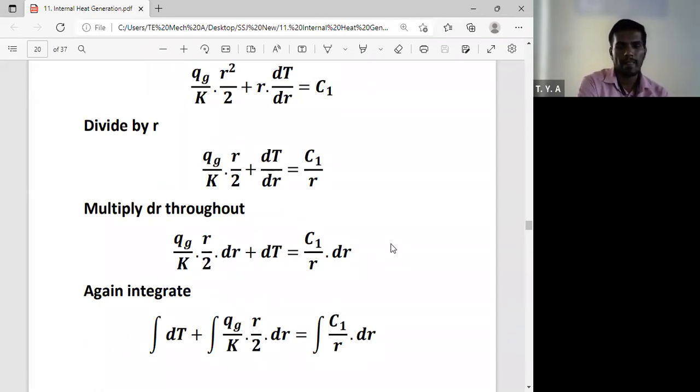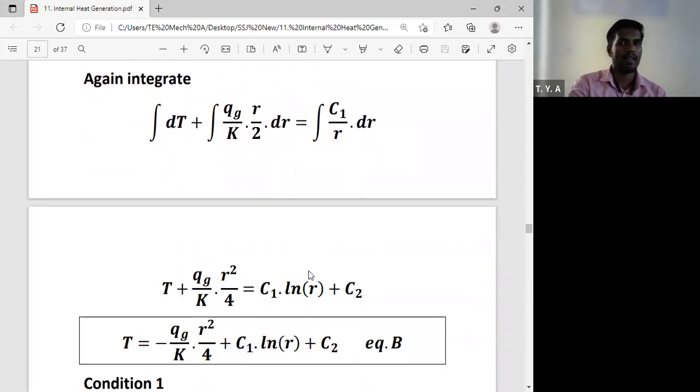Then integration of R into dr is R square by 2, and integration of 1 by R, what is it? Is it ln R or -1/r? Tell me, what is the derivative of 1/r? It is -1/r². And the integration of 1/r is ln, not log. Do you know the difference between log and ln? Log has base 10 and ln has base e.